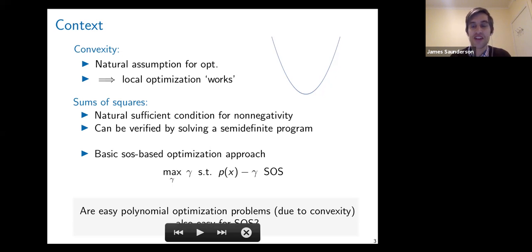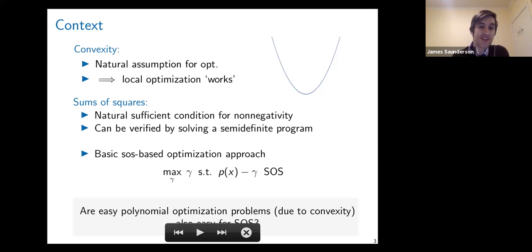It is of course a very natural assumption in optimization. In many ways, we can think of convexity as an assumption under which local optimization methods work, right? Local optimality implies global optimality. So you can do local things and get global results. That's perhaps one reason why convexity is of interest.